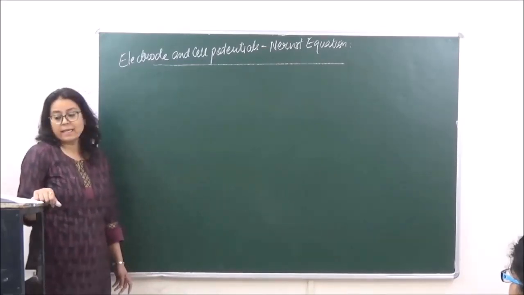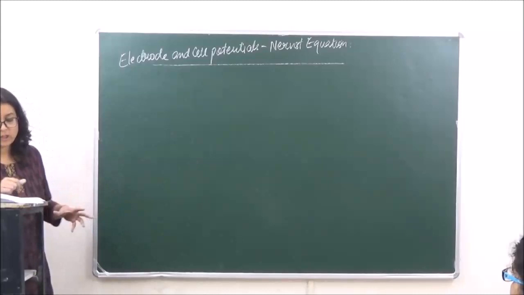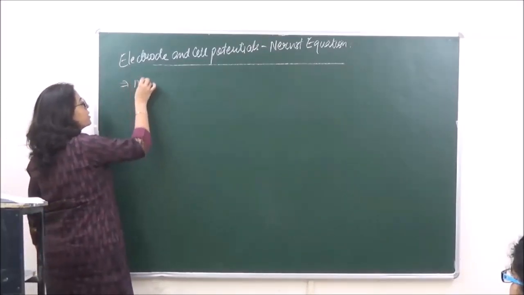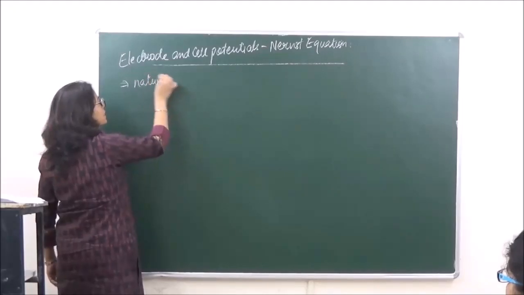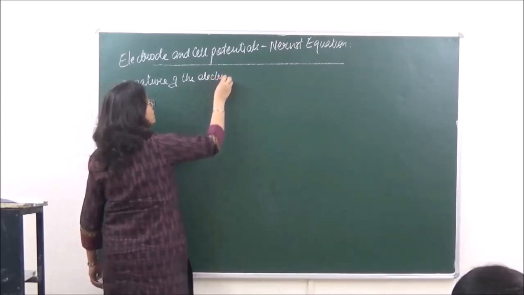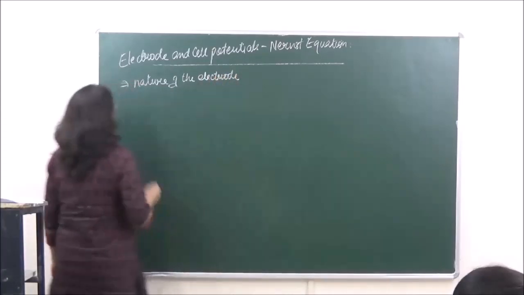He said that any electrode potential or EMF of the cell depends upon the nature of the electrode. The EMF of the cell will depend upon, number one, the nature of the electrode.